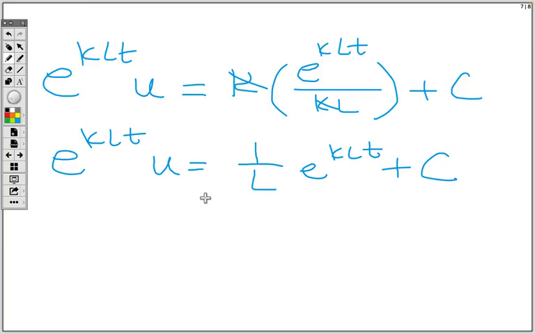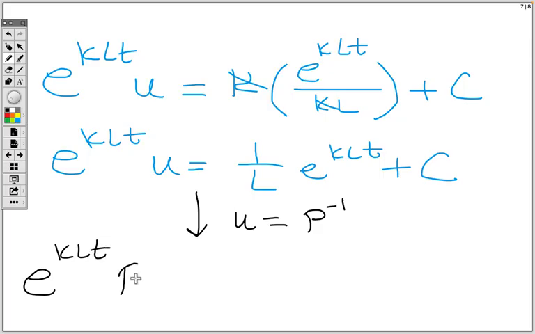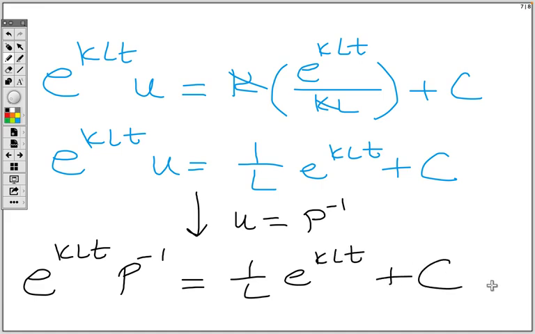And now we can substitute back in for the u. u was p to the minus 1 power. So I got e to the klt p to the minus 1 is equal to 1 over L e to the klt plus C. And at this point, we can impose the initial condition if we want. So p at 0 is p naught.